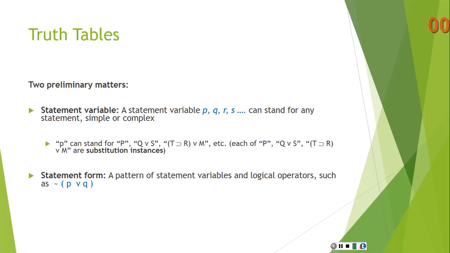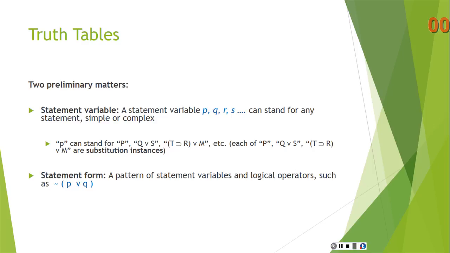One is, what is a statement variable? A statement variable, such as P, Q, R, S, is something that can stand for any statement, simple or complex. In propositional logic, we've seen that a statement is a capital English letter. Well, a statement variable is a lowercase English letter.